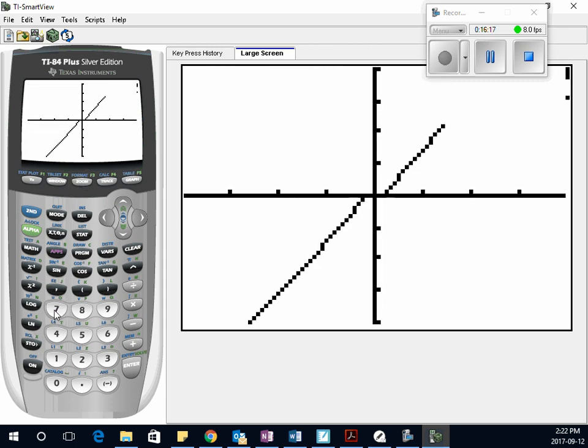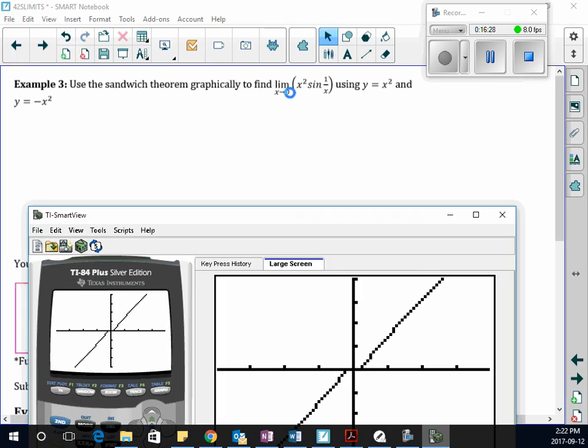Oh, look at that beautiful thing. Something's going on here. You can't really tell. Now notice when you plug 0 in here, you get 0 squared, and then I have sine of 1 over 0. You can't find sine of 1 over 0. You can't divide by 0, right?